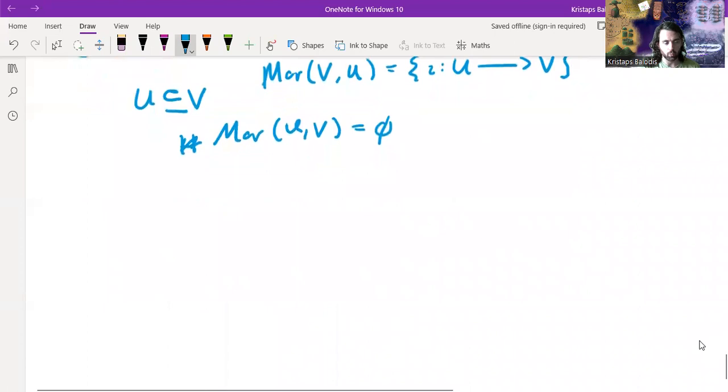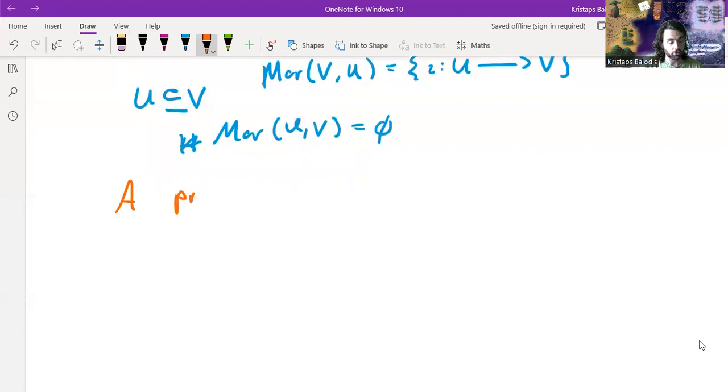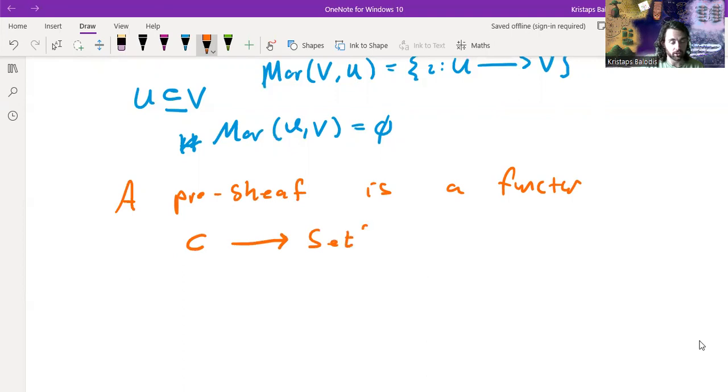And why? Well, here's one explanation. Now we come to the abstract definition of a presheaf. The most abstract definition is that a presheaf is a functor from some category C, and this is actually defined on any category, into the opposite category of sets.